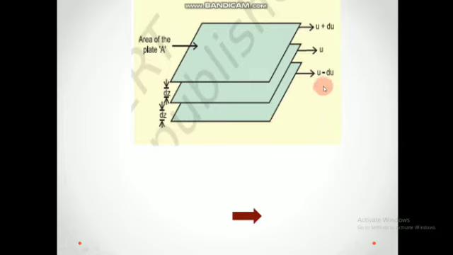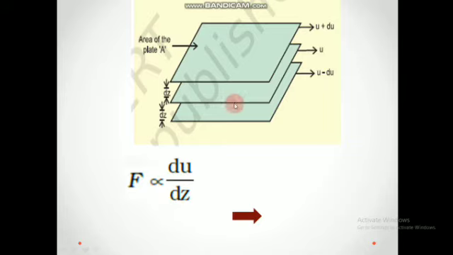So the first thing is the velocity divided by the distance between them. How much is the velocity change per distance between the plates? So the viscosity force is proportional to du by dz. Du is the velocity difference and dz is the distance between them. So F is proportional to du by dz.